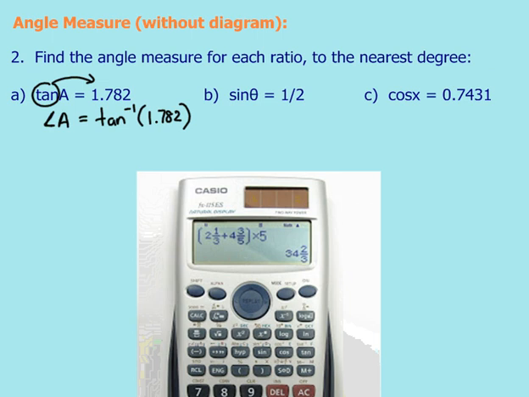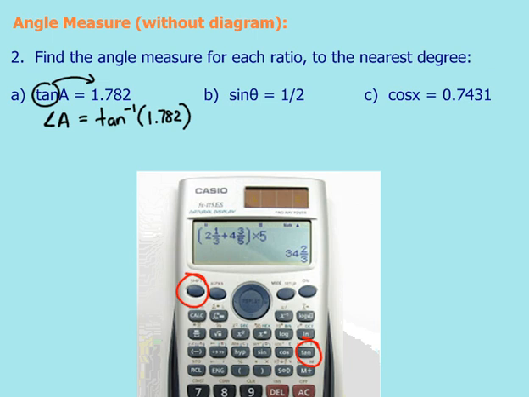How do we put this into our calculators? Okay, what you're going to do is to get that -1 with the tan, you're going to press shift. Your calculator might also say second. Okay, and then you're going to press tan. So that's kind of like the opposite of doing tan. And then you're going to press 1.782 and equals.